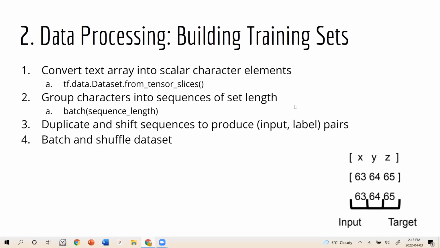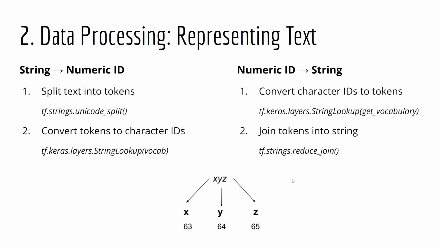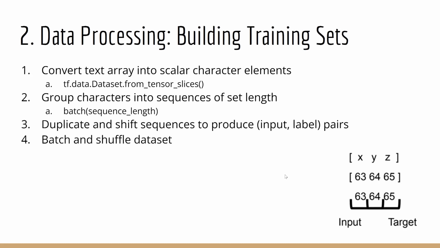So that was the first part of data processing, representing text. Now there's another part of this. Sorry, let me go back. You've converted this writing into numeric data, but when you're training it, you want to put it in sets so that it's easier for it to train.